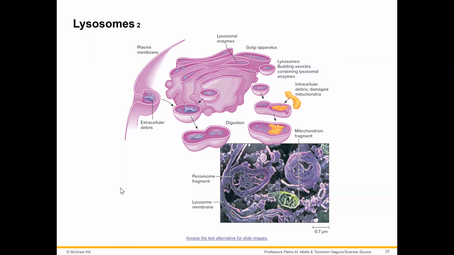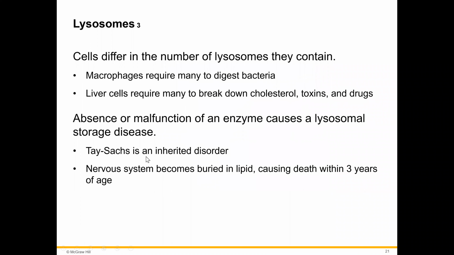So lysosomes are like the garbage disposal of a cell. Cells differ in the number of lysosomes they contain. Macrophages, for example, require many lysosomes to digest bacteria. Liver cells require many to break down cholesterol, toxins, and drugs.